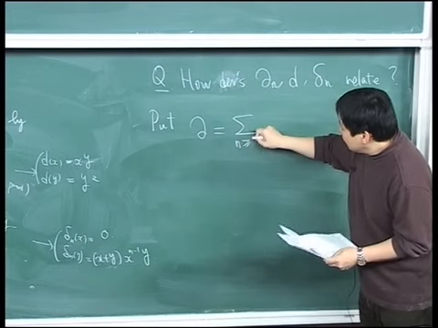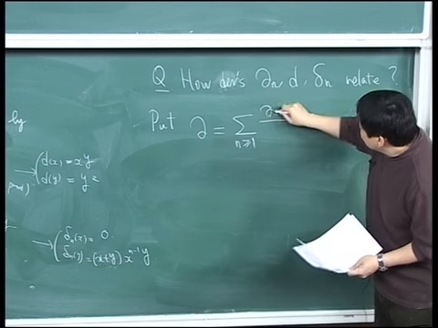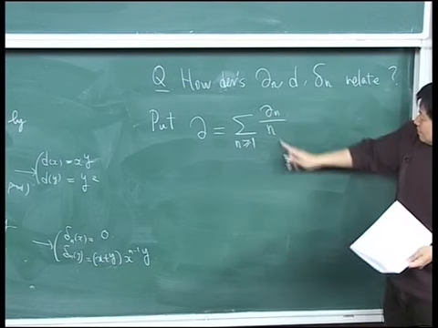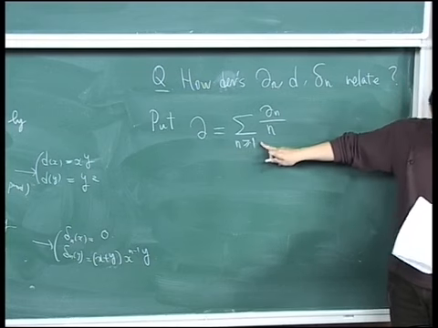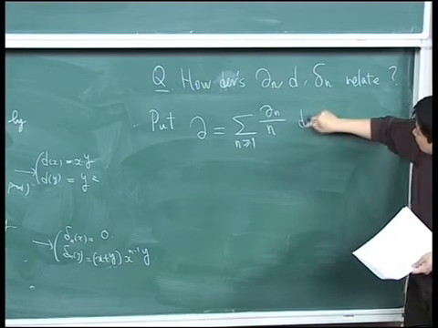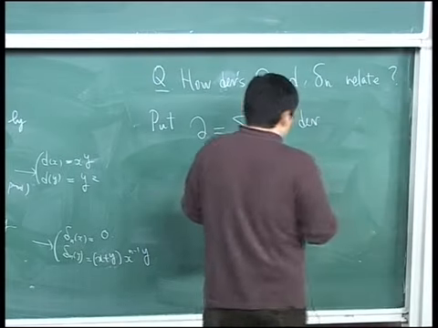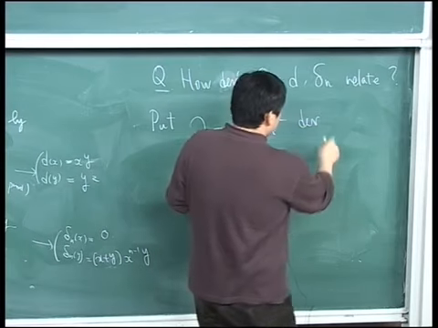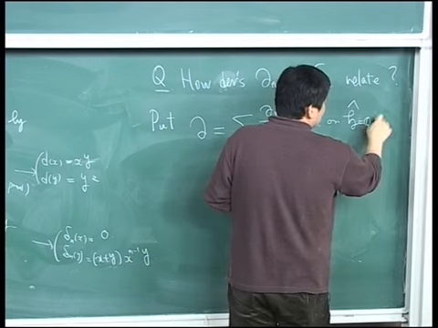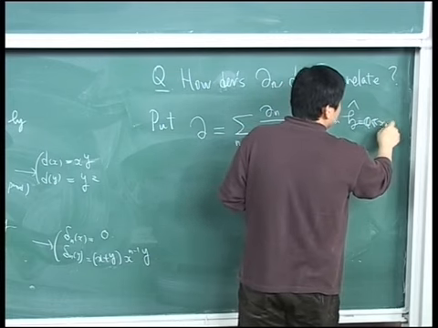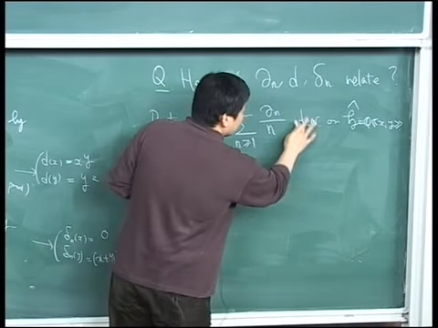First, we think that the sum of derivations is a derivation, so this is also a derivation. But here is an infinite sum, so we need to introduce a larger space, derivations on H hat. This just means the formal power series in two variables.